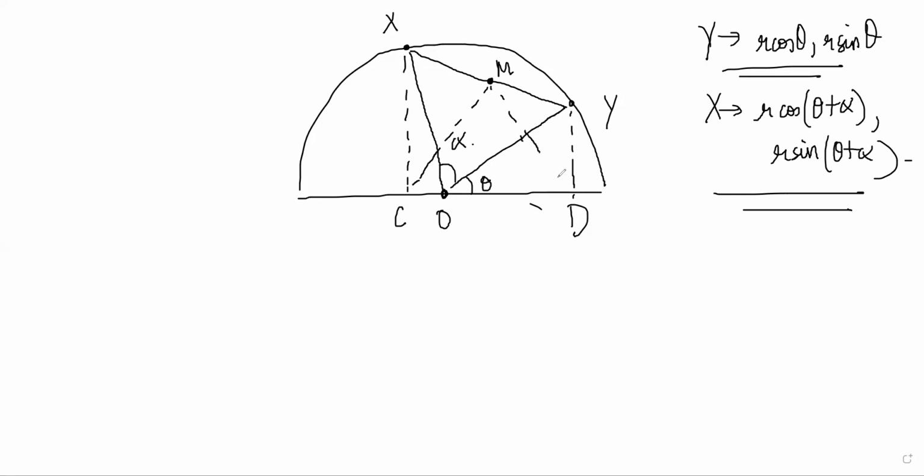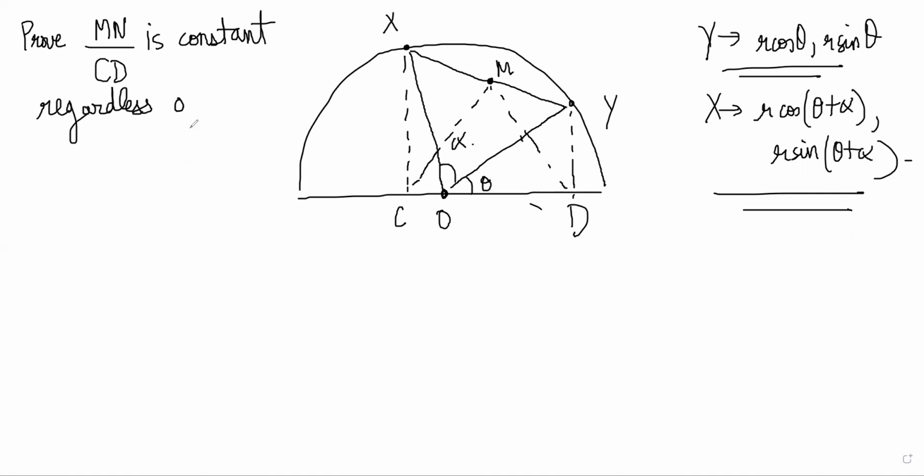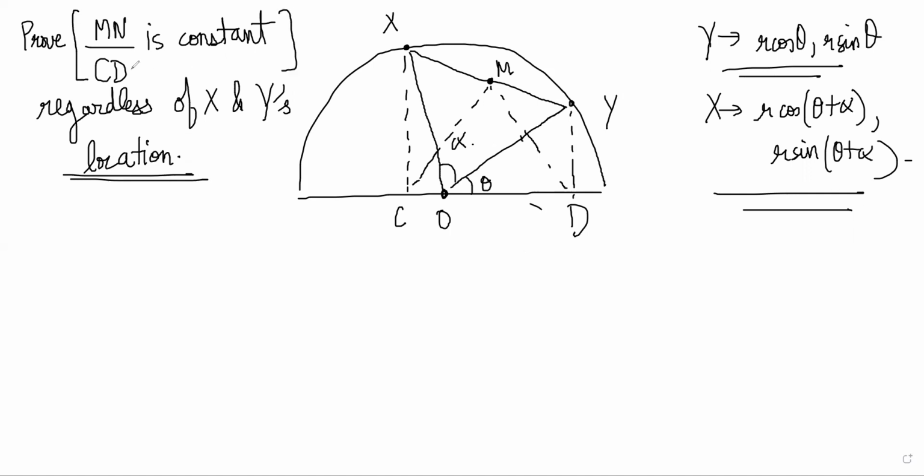In order to show that MCD is fixed, we just need to prove that MN by CD is constant regardless of X and Y's location, right? So this is like saying the angle is fixed. If the ratio of two sides is fixed, the angle of a triangle is fixed, right? So I want to prove this, and I'm going to use that fact now.